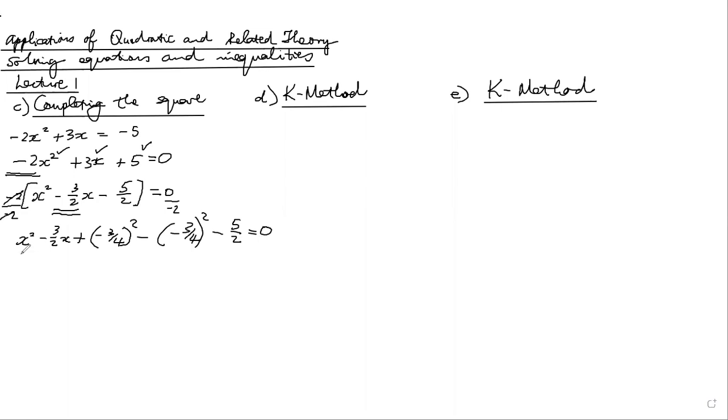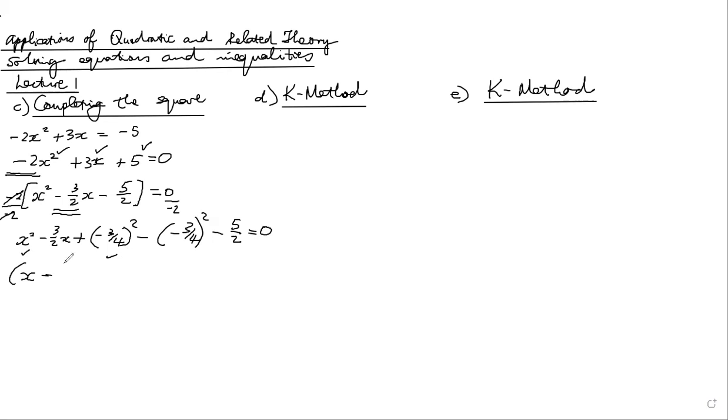Now, once again, notice the x is squared and the negative 3 over 4 is squared. That provides the ready-made factorization for the first 3 terms on the left side. So that's x squared minus 3 over 2x plus, open brackets, negative 3 over 4, close brackets, all squared.